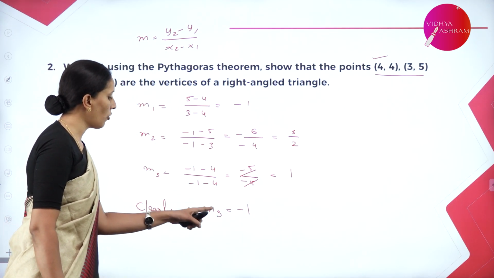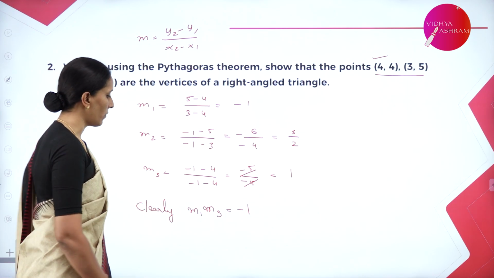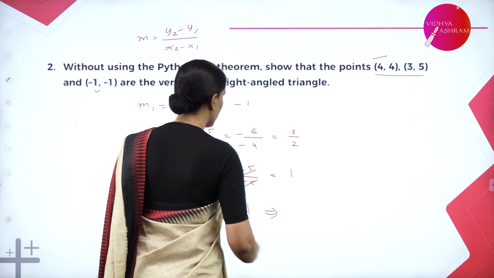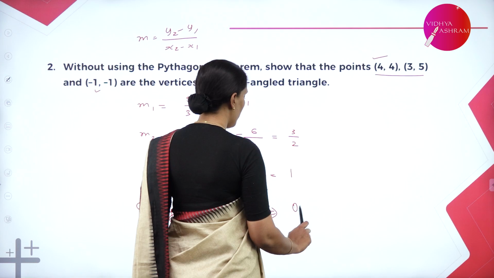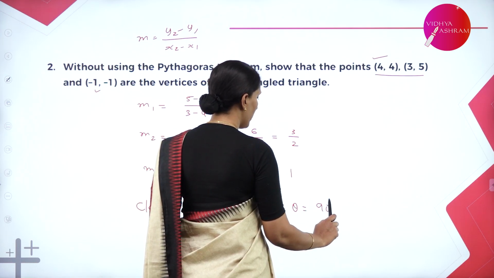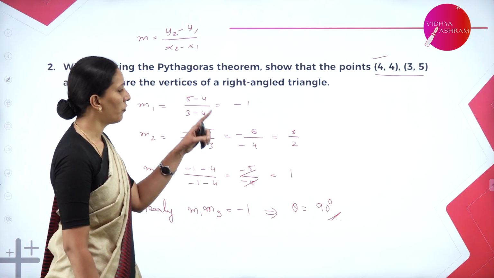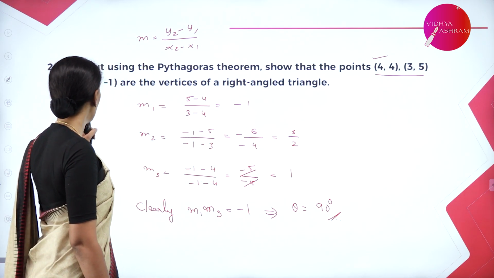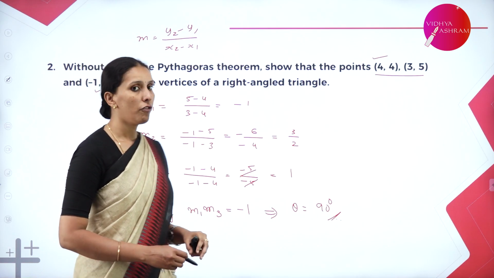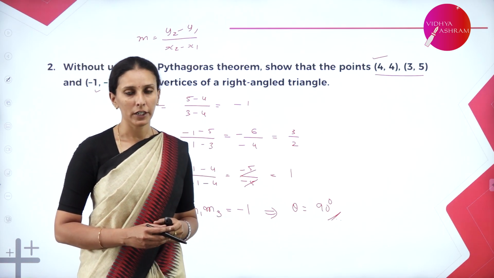So if the product of two slopes is equal to -1, this indicates that theta between them is equal to 90 degree. So therefore the points (4, 4), (3, 5) and (-1, -1) are the vertices of a right angle triangle.